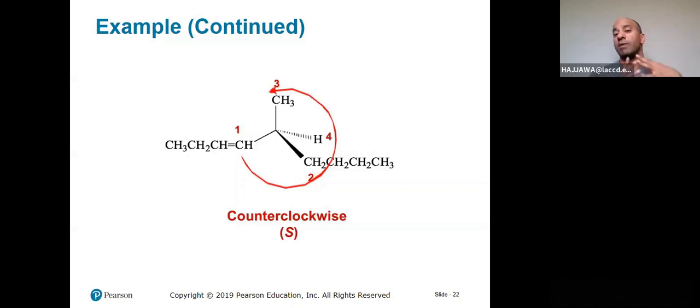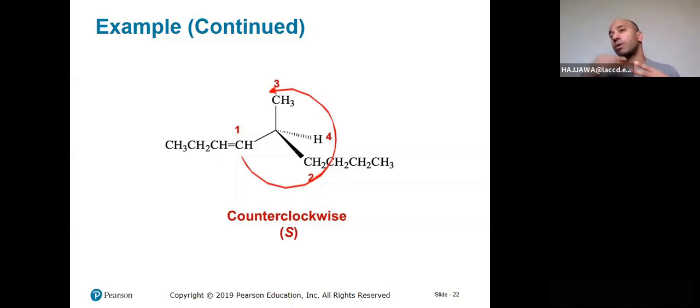So let me remind you of those 4 scenarios once again when I'm dealing with a 3D formula before we see other examples. The first scenario for an R configuration: groups being assigned 1, 2, 3, 4 with a clockwise rotation and the fourth group pointing away from me. The second scenario for an R: groups assigned 1, 2, 3, 4 counterclockwise, but the fourth group is pointing towards me.